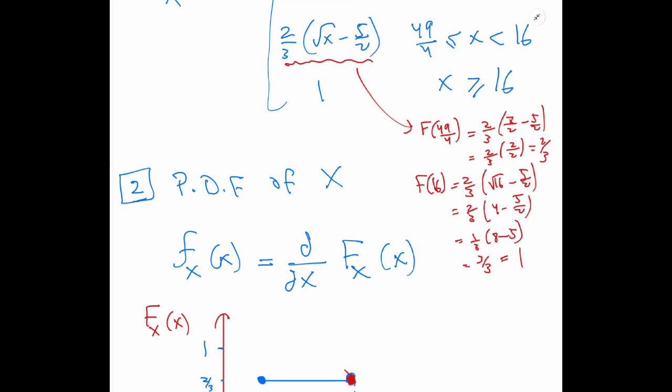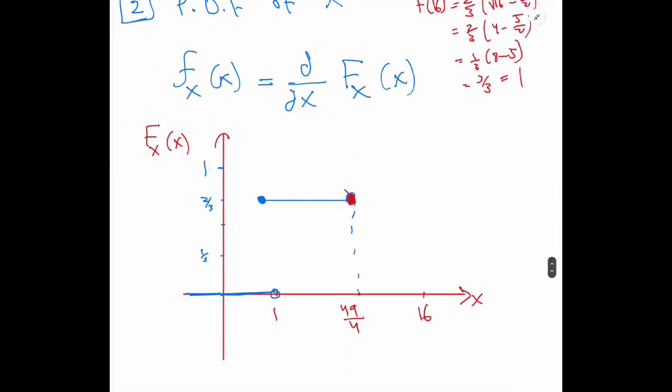So there's continuity at 16. At 16 it is 1, and it's just 1 for x greater than 16. And there is the square root curve, which is given by this.